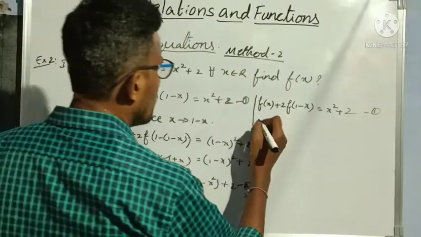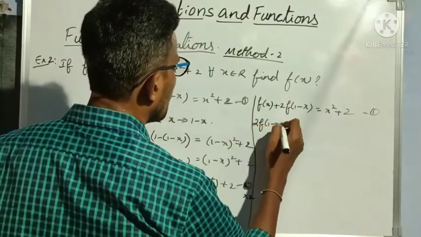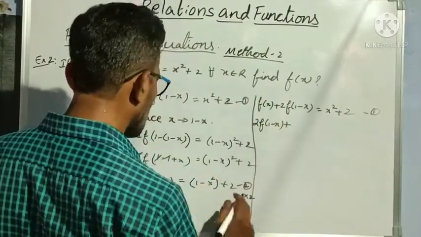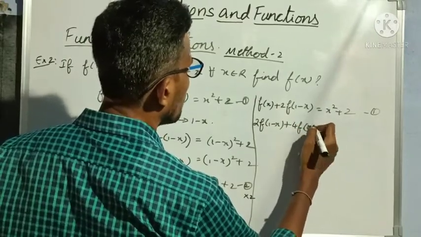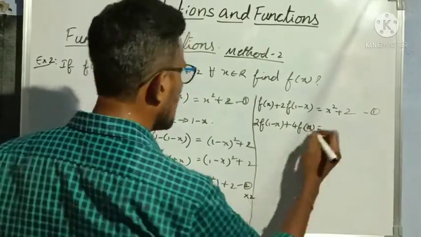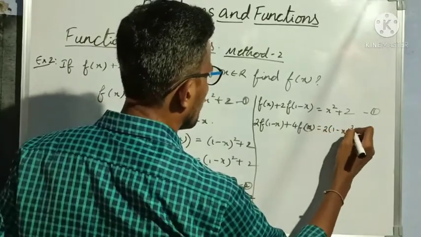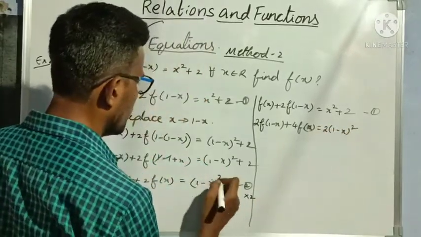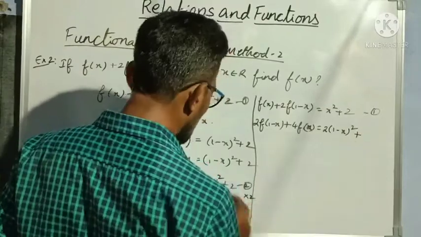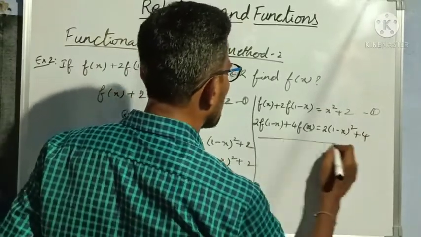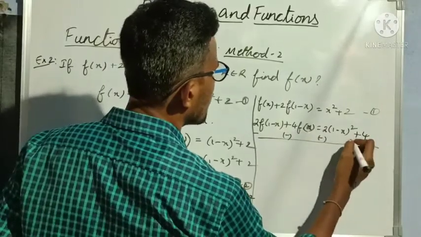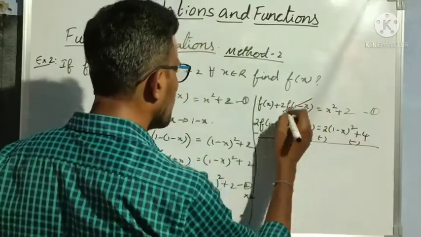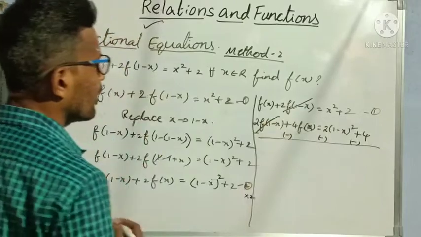For the second equation, every term I have to multiply by 2. So 2 into f of 1 minus x plus 2 into 2 is 4 f of x is equal to 2 into 1 minus x whole square plus 2 into 2 is 4. Okay? So if I subtract now, the plus 2 into f of 1 minus x minus 2 into f of 1 minus x gets cancelled.